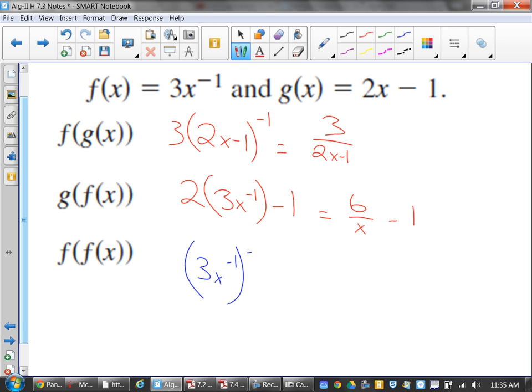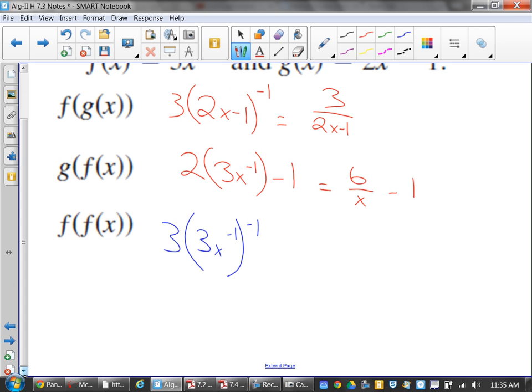Hold on. In this case here, you've got 3x to the negative 1 raised to the negative 1. You agree? That's power to power then, right? Multiply. So you multiply your exponents.